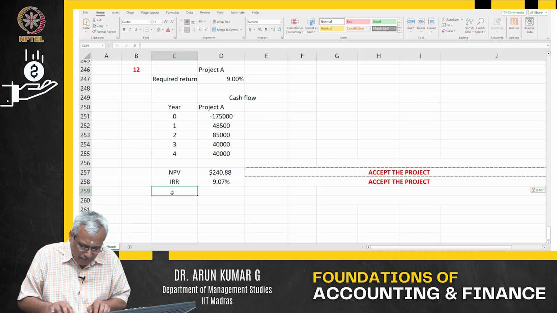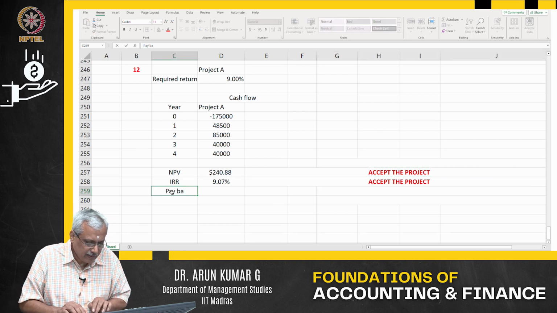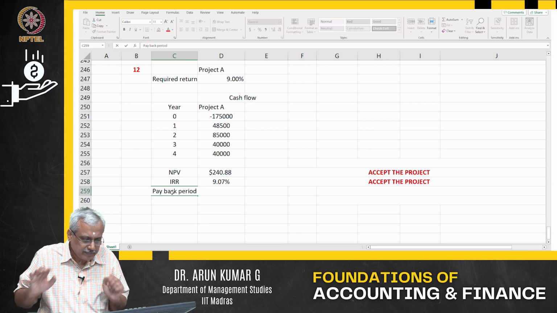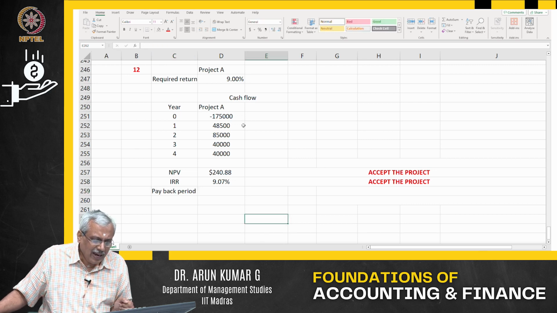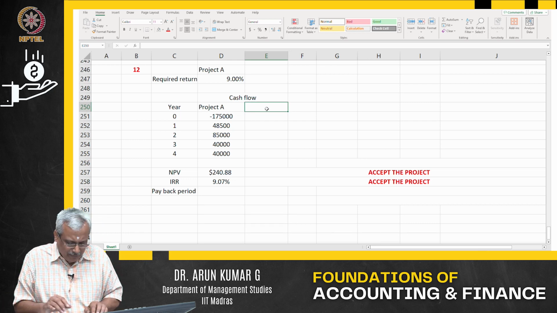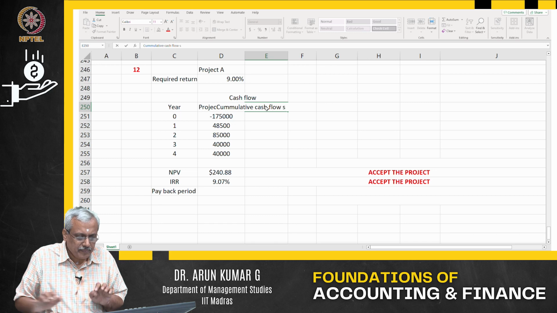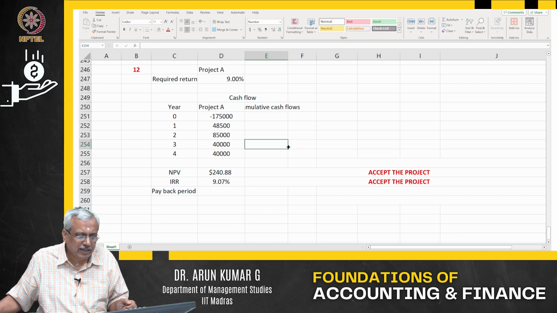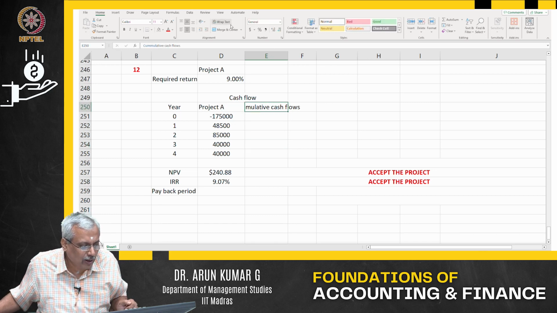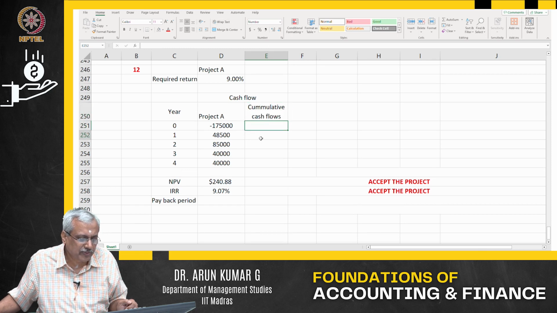Next, we will do payback period. For calculating the payback period, let me do cumulative cash flows. Let me start calculating the cumulative cash flows.